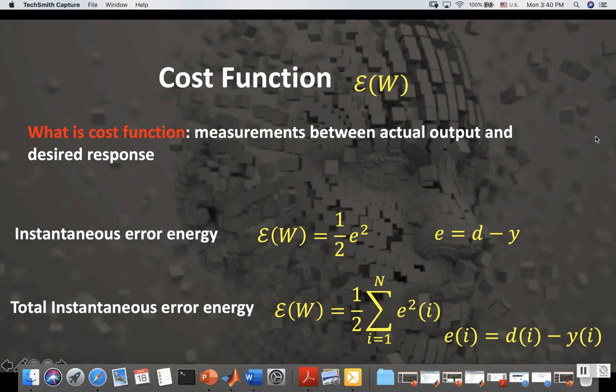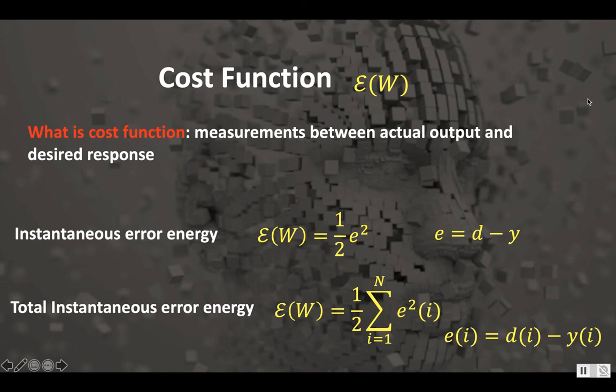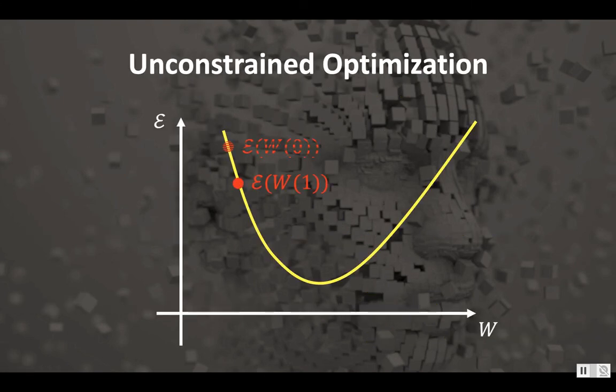So now, back to here, we know what the cost function is, and our goal is to make the cost function reach its minimum value, and then we can get the optimal synaptic weight. In the next video, we will show how we can get the optimal weight, which makes the cost function reach its minimum value.